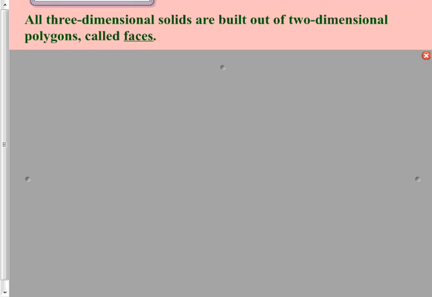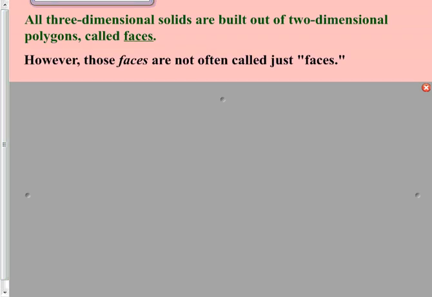So actually, Euclid's idea of everything in geometry consisting of points and lines and planes still holds true, because it is basically the understanding that all 3-dimensional objects are built out of 2-dimensional planes. Now, these faces are the planes that build the 3-dimensional solids.